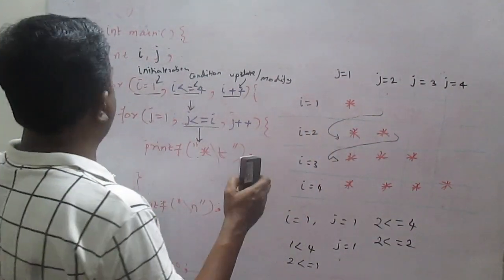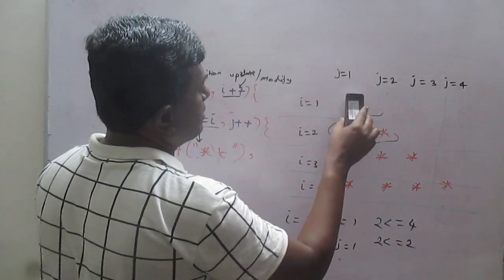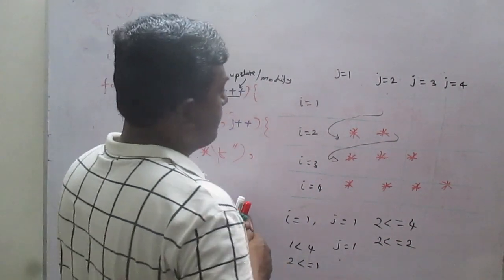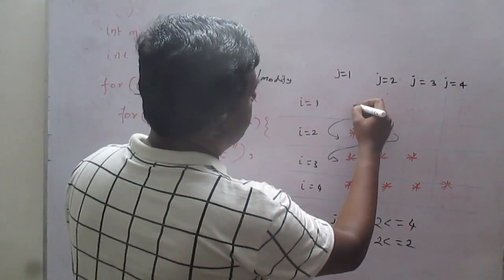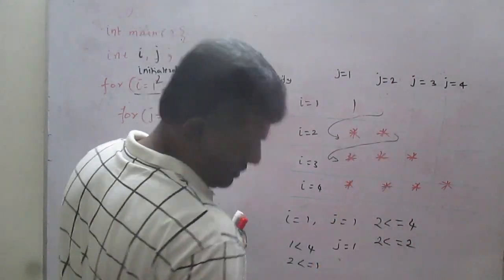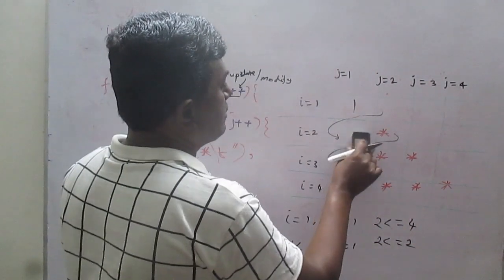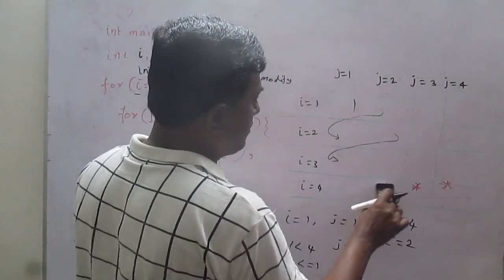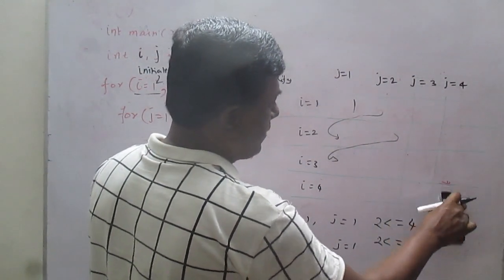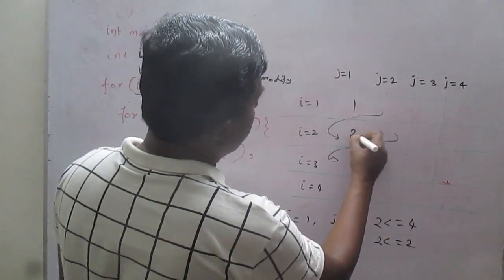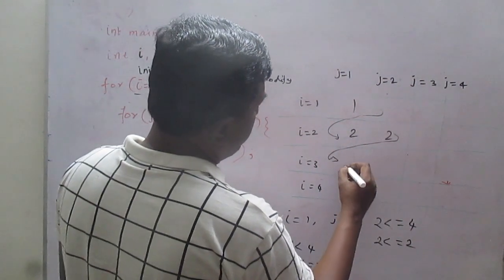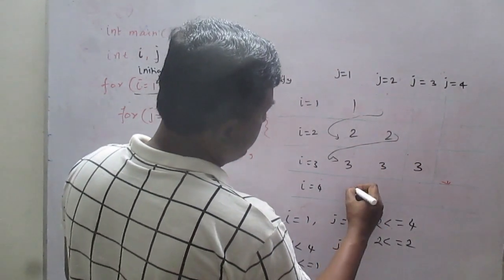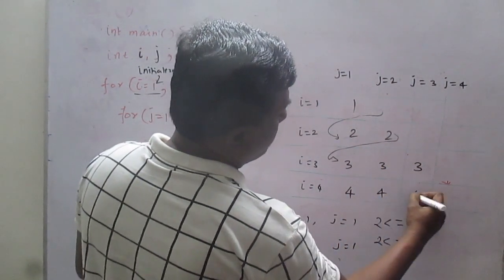Let's say here it is 1, and then here it is 2, 2, then here it is 3, 3, 3, and here it is 4, 4, 4, 4.